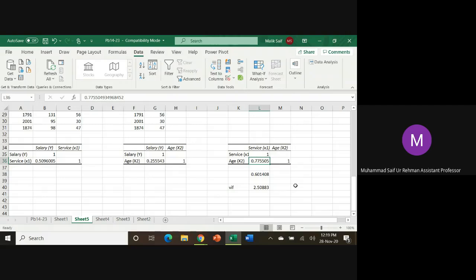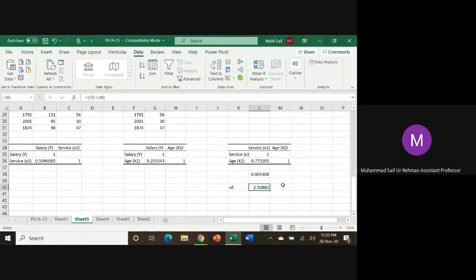If you see this, it is 2.50883, less than 10. So it means that although the multicollinearity issue is there in the model, it is not that severe that we drop the age or service from the model. So better is to depend upon VIF.